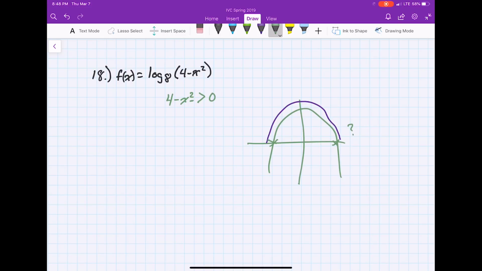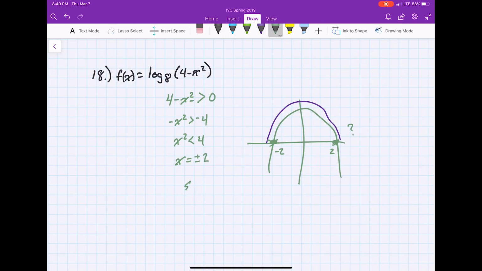So what I am going to do is negative x squared is greater than negative 4, because we're subtracting 4 from both sides. Then I'm doing something funky with the negative here, so I make it x squared less than 4. And then x is going to really be equal to plus or minus 2. It kind of gets a little weird here, but I'm really just looking for these 2 points.